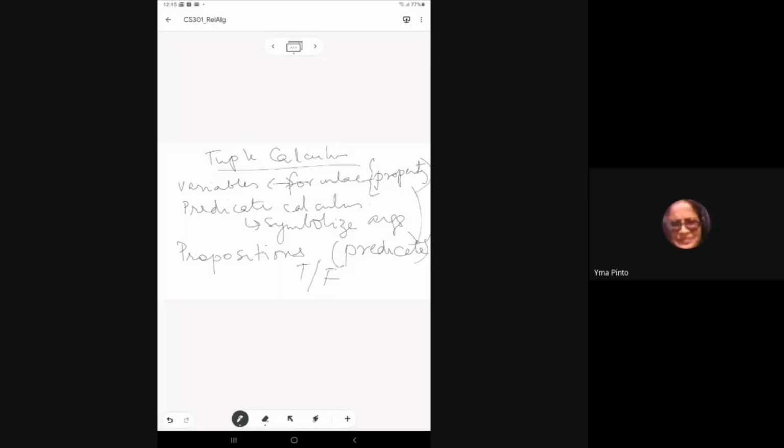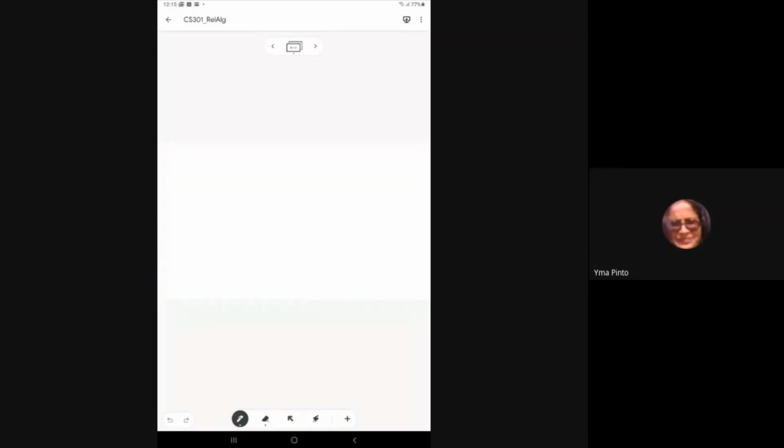To give you an idea of what we are looking at, let's say we have a statement in English saying John is a bachelor. Well, I don't know if he's a bachelor or not, but we're looking at a statement. How do I put this in more formula kind of terms? In English, I would have said is a bachelor. So I could have variables: is a bachelor, John.